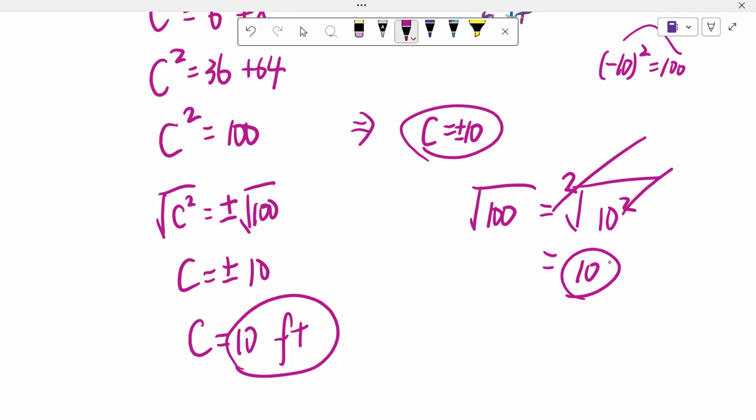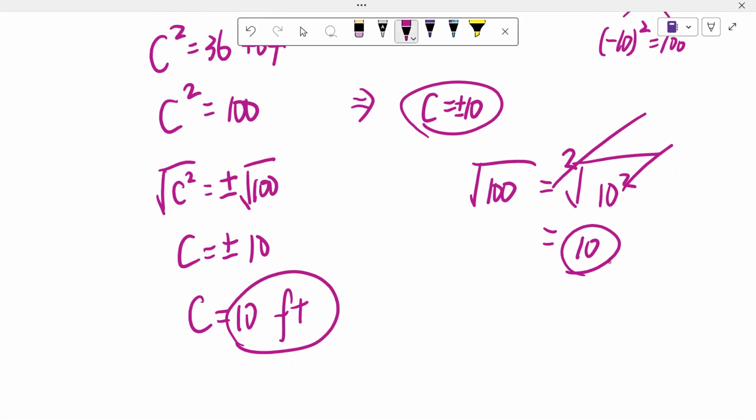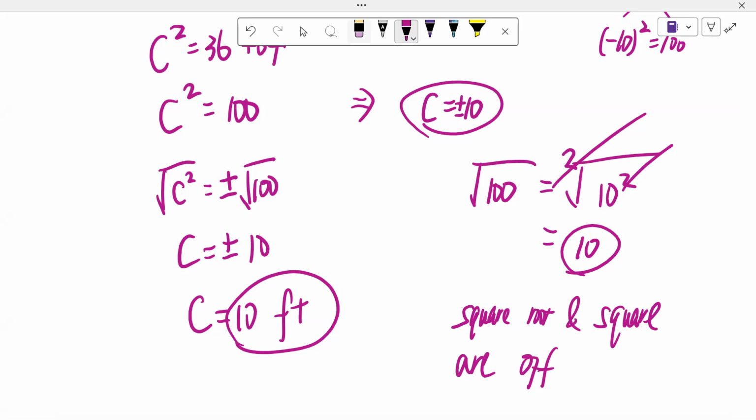And in order to simplify this, you see I show you the square root of 100. It could be written as the square root of 10 squared, right? The square root and the square offset each other.